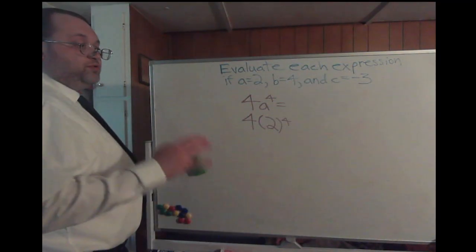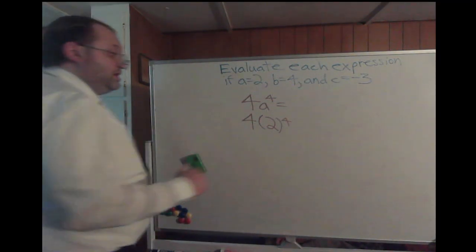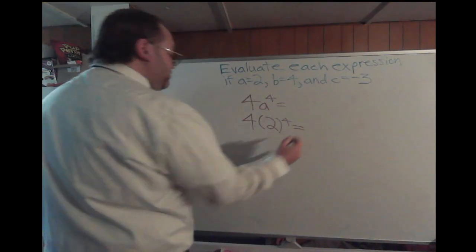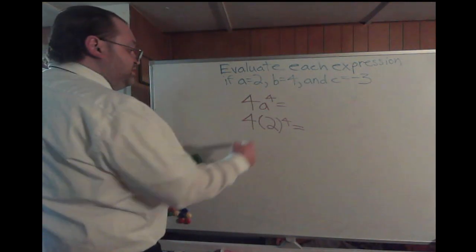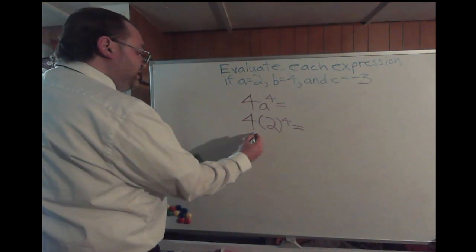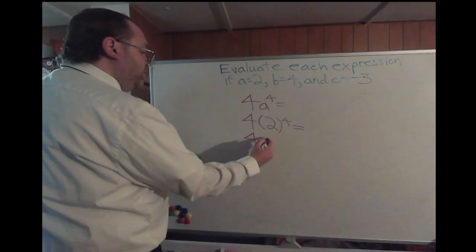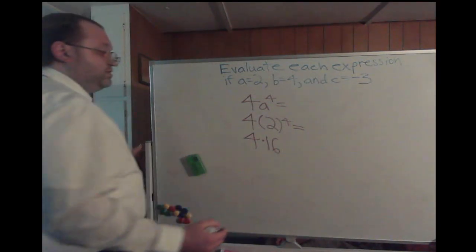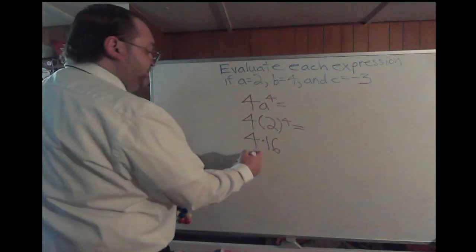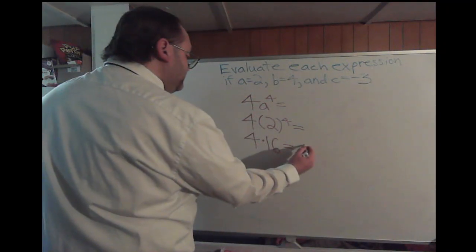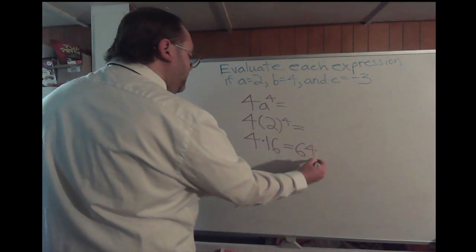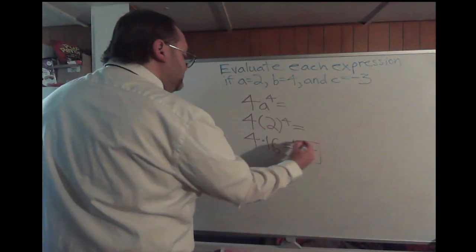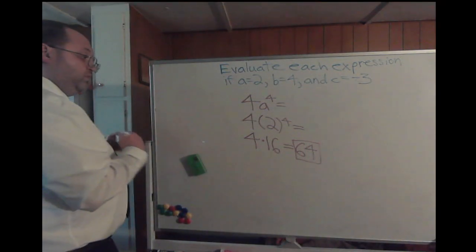The order of operations states that the exponent is going to come first before the multiplication. So what is 2 to the 4th? That's 16, so you'll have 4 times 16. Then 4 times 16, you can do that multiplication, it gives you 64. So the answer to this would be 64.